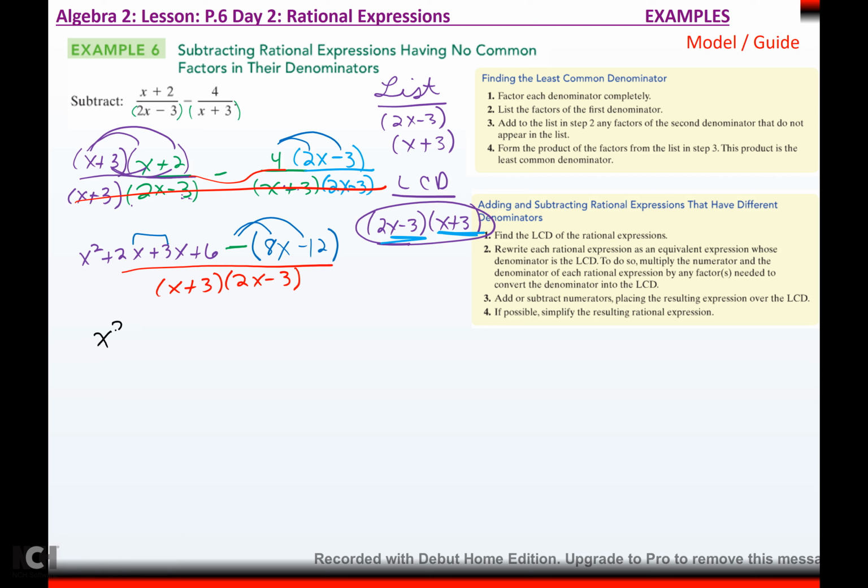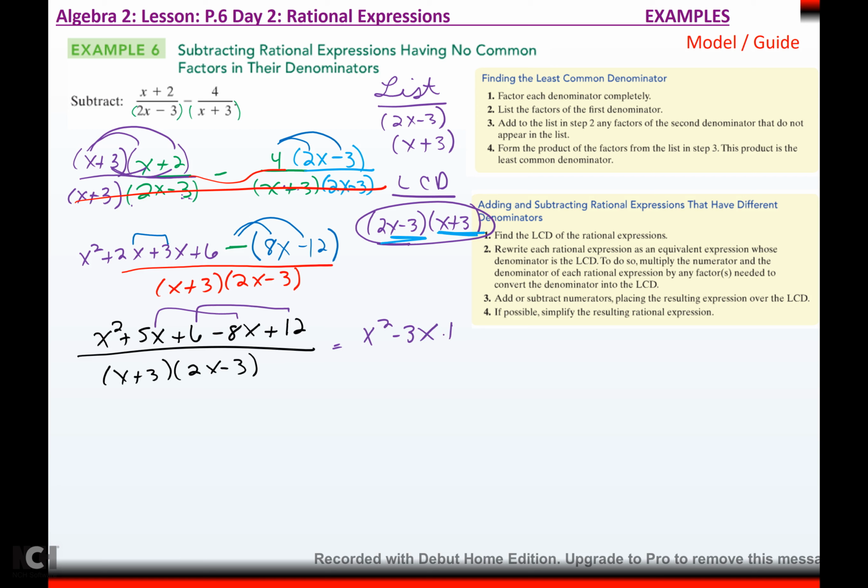So I have x squared plus 5x plus 6 minus 8x plus 12 all over x plus 3 times 2x minus 3. So now on top I'm going to combine like terms, and that's going to give me x squared minus 3x plus 18 over x plus 3 times 2x minus 3.